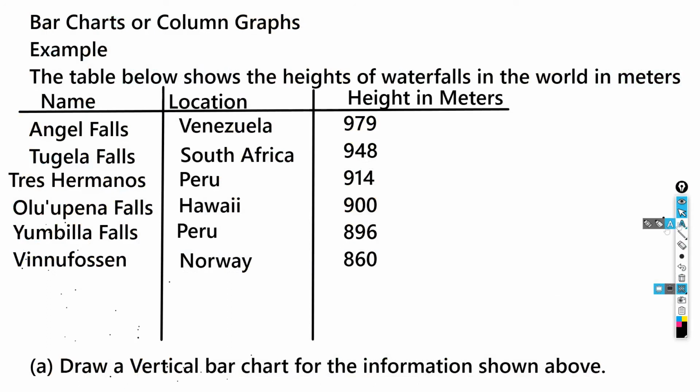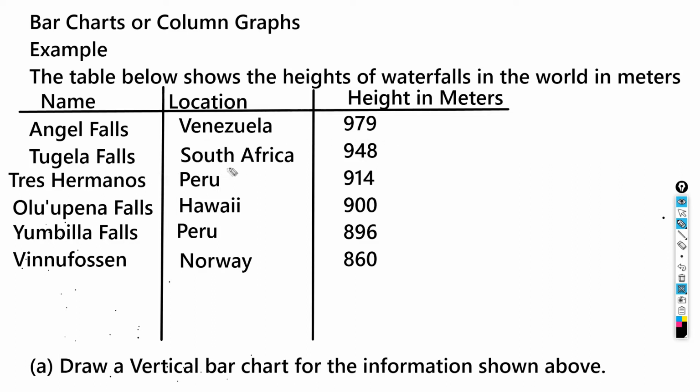All right, guys, great. So we're looking at this example now, and the example says the table below shows the heights of waterfalls in the world in meters. The first one we're looking at is Angel Falls in Venezuela at 979 meters.